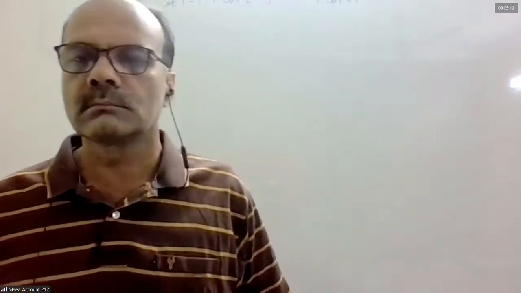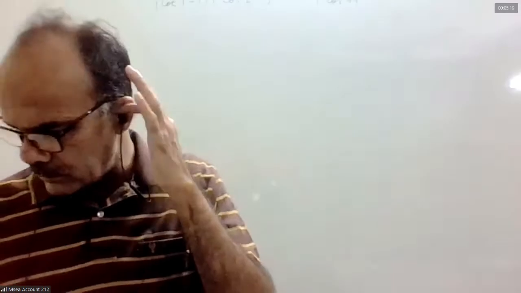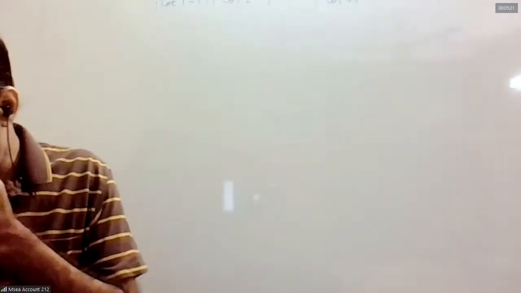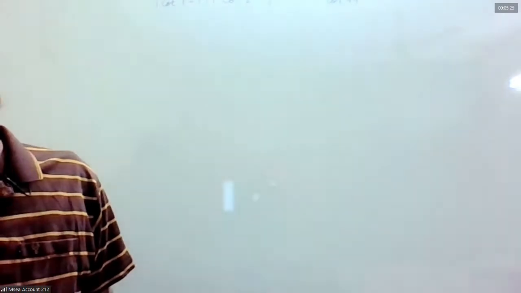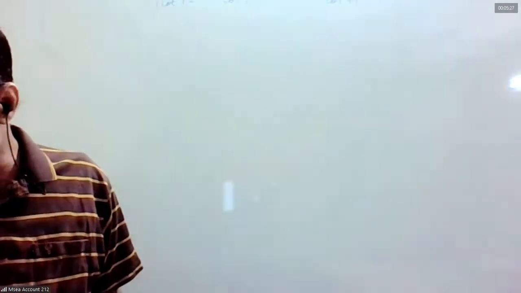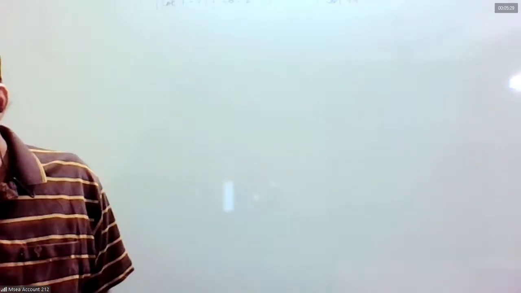Sir, yesterday you asked to find C naught square plus 2C1 square plus 3C2 square. What's the answer? 2nCn, sir. C naught square plus twice C1 square plus 3C2 square. Yes, sir, that one only.